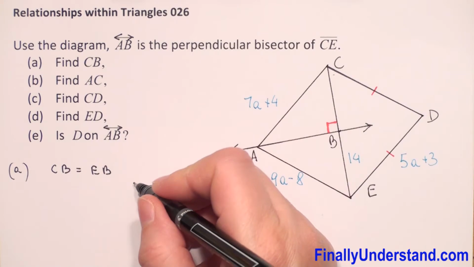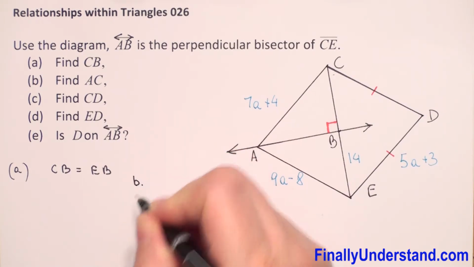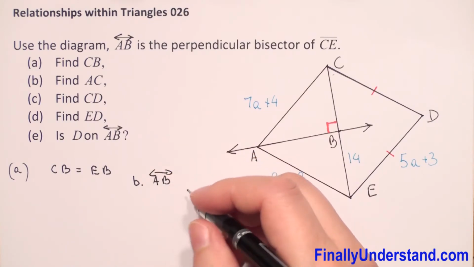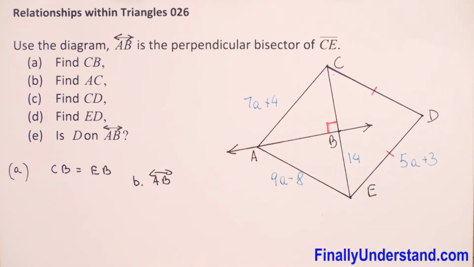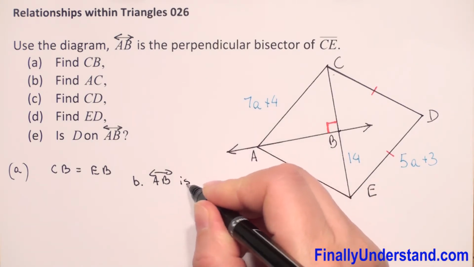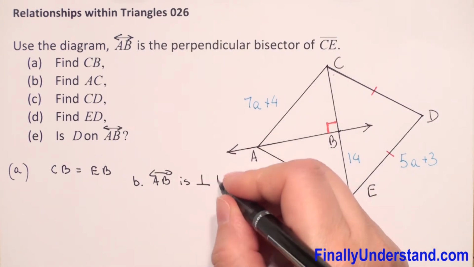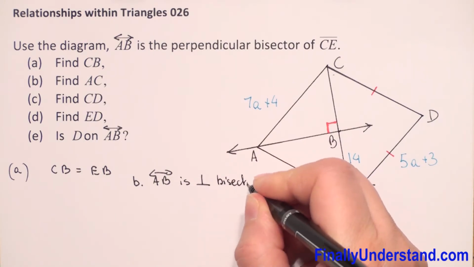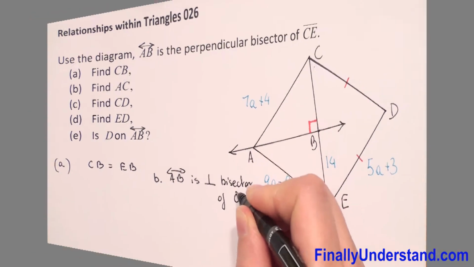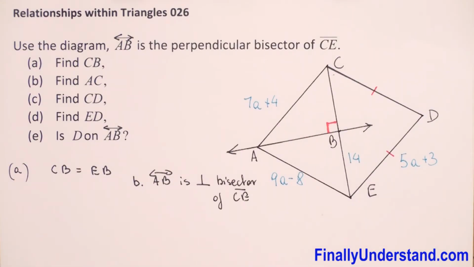So CB is equal to EB, and we have that EB is 14.